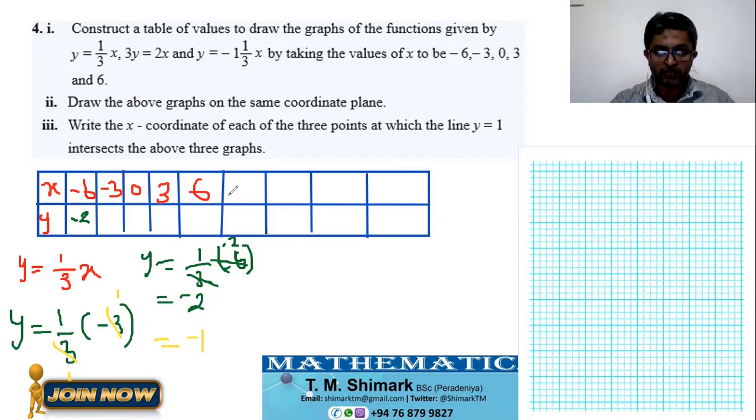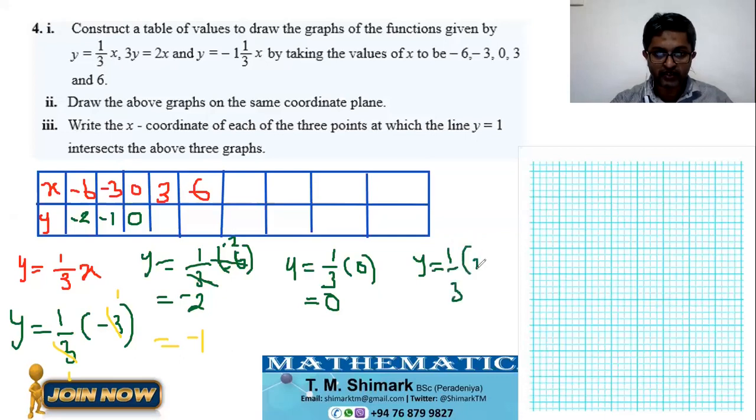So I can fill my chart as minus 1. x equals 0 means what we are going to get? y is going to be 0, right? And if you substitute 3, the 3 cancels, 1, that means 1, right?